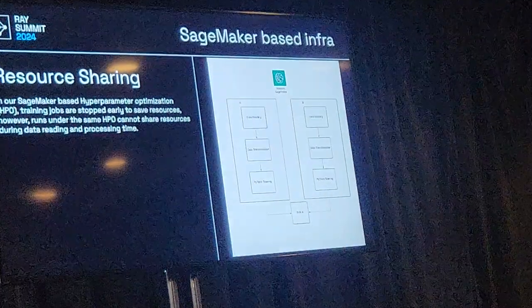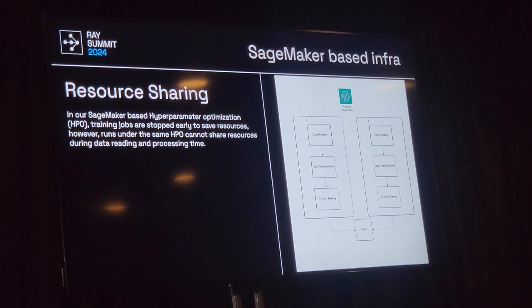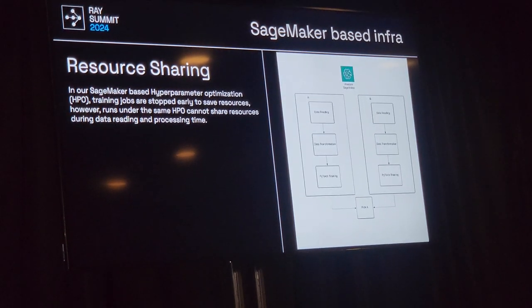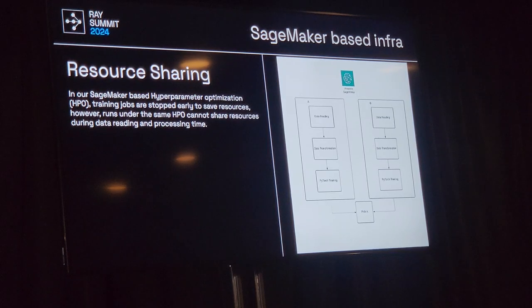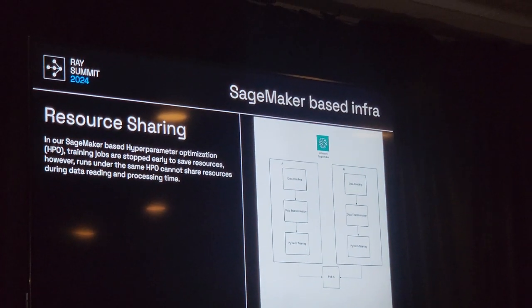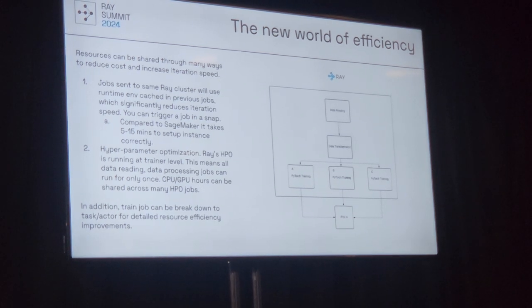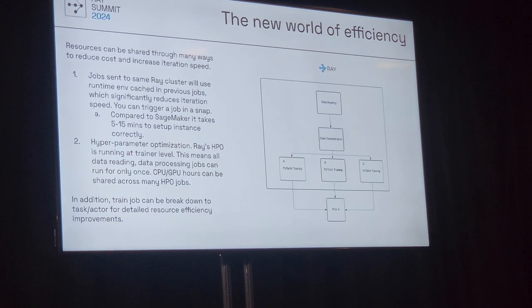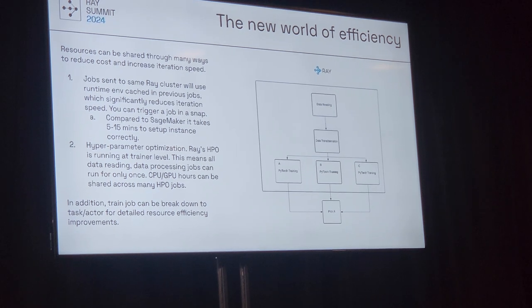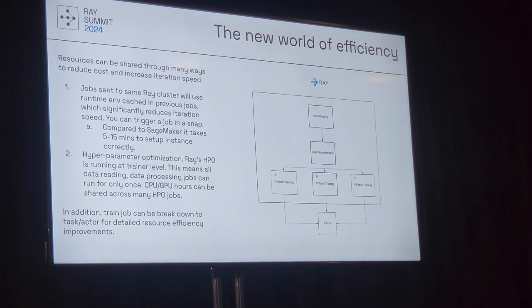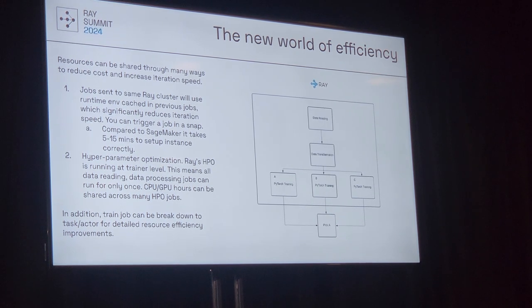Multiple jobs are running in parallel on different machines, and then you report the result to some controller and see which one is getting better performance, and then the worst one will be killed, right? Because you assume it won't give you good results. But actually think about this, why do you want to read this S3 file 10 times or 20 times? You just need to read it once, do the transformation once, and then trigger 3 jobs in parallel. That's how Ray Tune helps us.